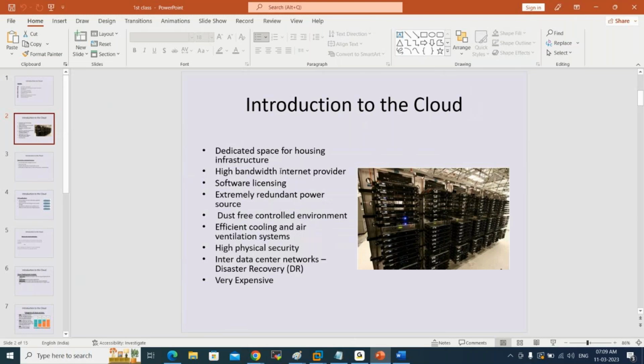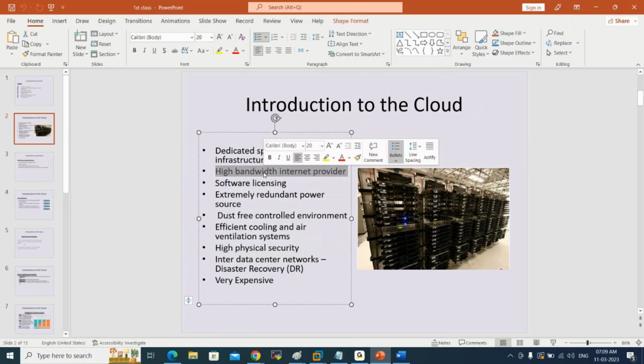It changes from company to company, but you need high bandwidth capabilities between your data center and operation center all the time. This must be done by the companies who own the data center.